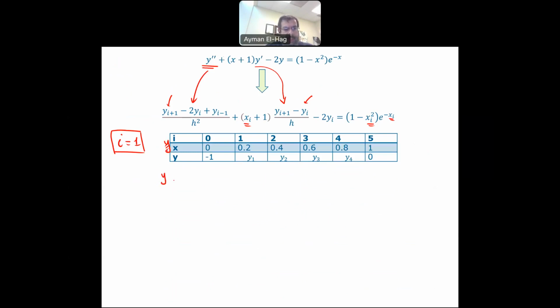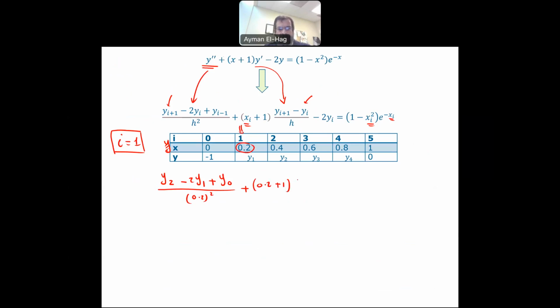So this is y_{i+1}, which is y2, minus 2y1 plus y0, divided by h squared, which is 0.2 squared, plus the current x_i is 0.2. This is your i equal to 1.